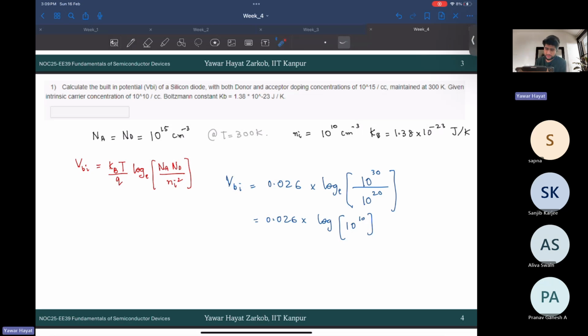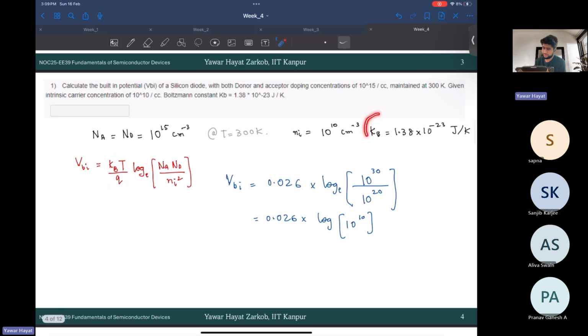Somebody just compute this term again. Use the k value as this, T as this, and q you know, 1.6 into 10 to the power minus 19. This comes out as 0.026. Just recheck it on the calculator once.